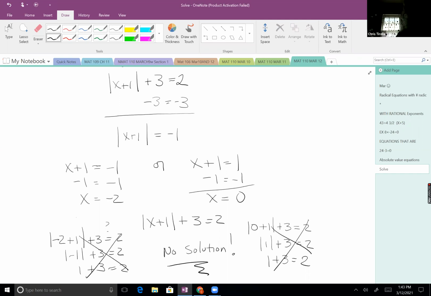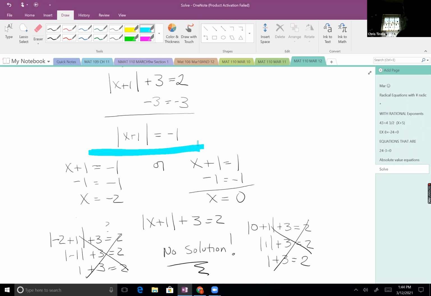Did anybody else get that this equation has no solution? Yep. All right. I went through and worked the whole thing out to see that it has no solution. But I probably could have stopped a little bit before then, because if I look over here, do you see how I'm saying that the absolute value is equal to a negative number?